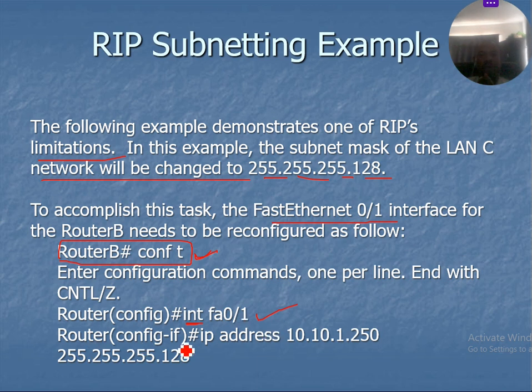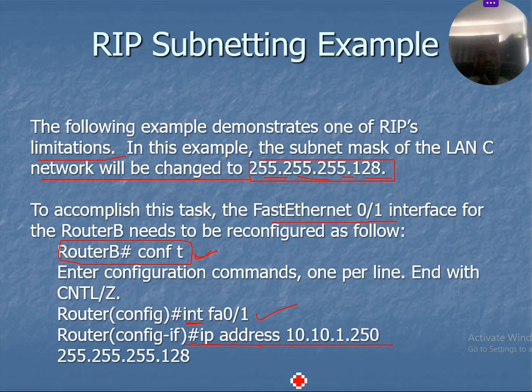Then you write Router(config-if)# ip address 10.10.1.250. You configure the IP address for the interface, and after you put the IP address, you have to follow it with the subnet mask. The subnet mask in this example is 255.255.255.128.